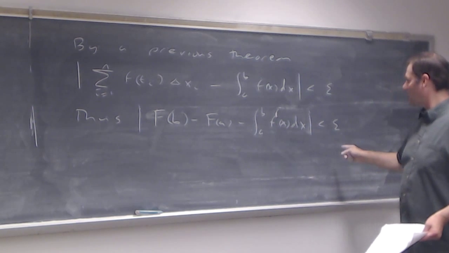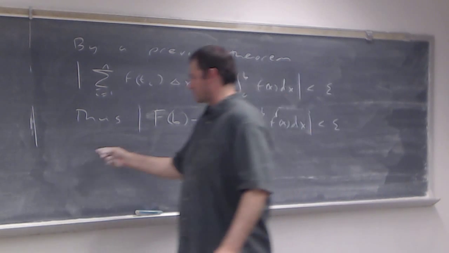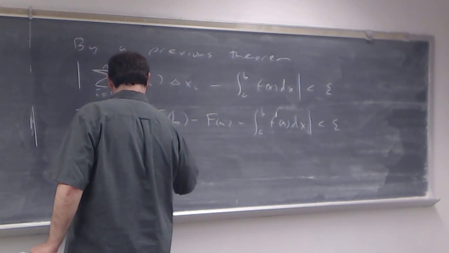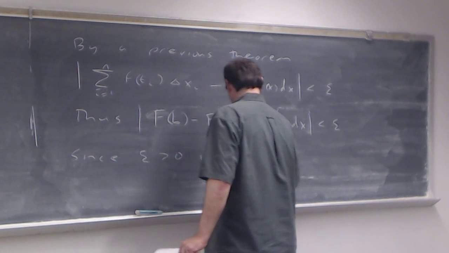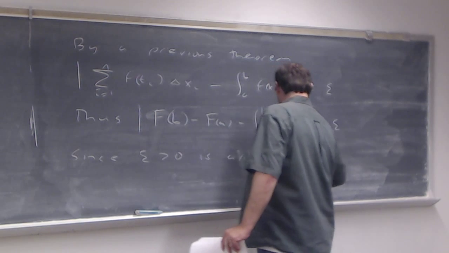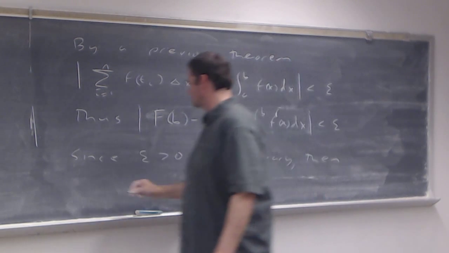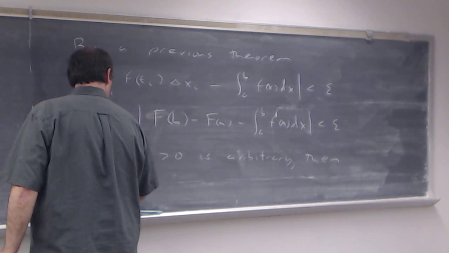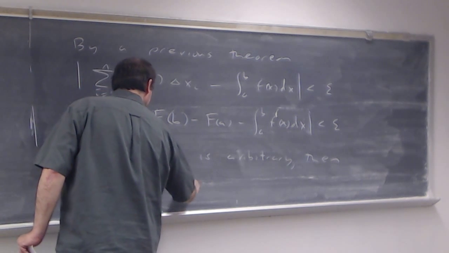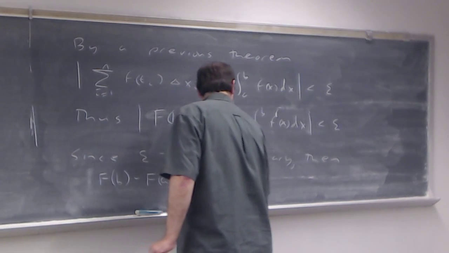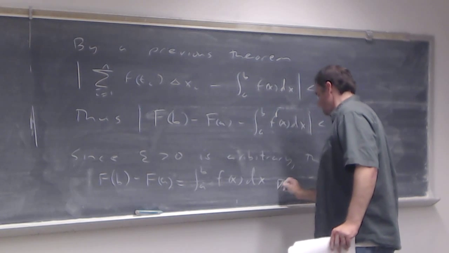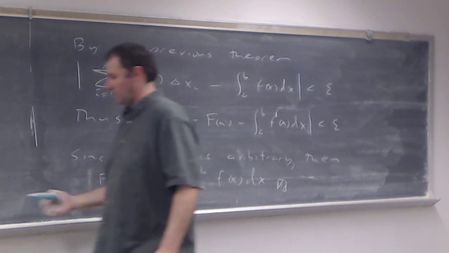Well, what that tells us, because epsilon is arbitrary, then F(b) minus F(a) must be equal to the integral from a to b of f(x) dx. And that concludes this fundamental theorem of calculus.